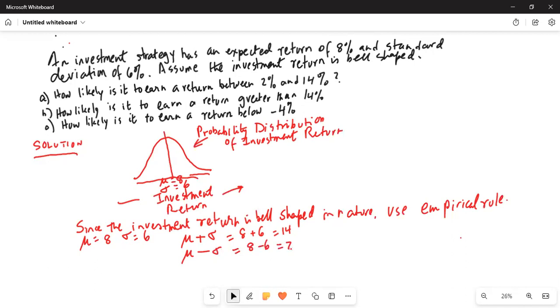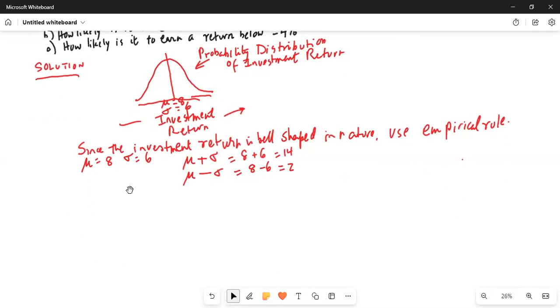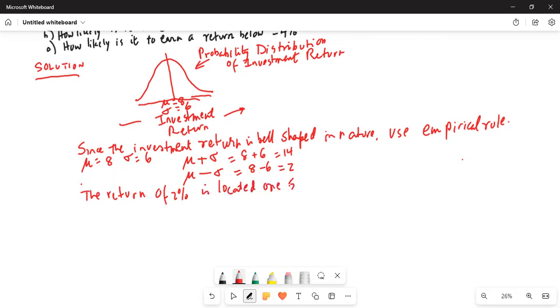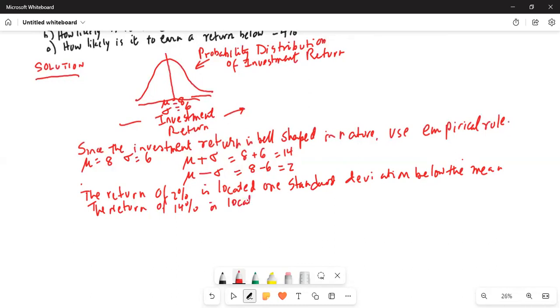So if I move this a little bit up, according to the empirical rule, the return of 2% is located 1 standard deviation below the mean, and the return of 14% is located 1 standard deviation above the mean.